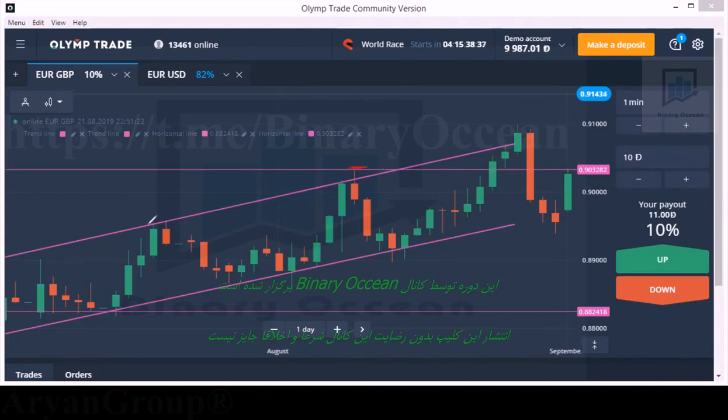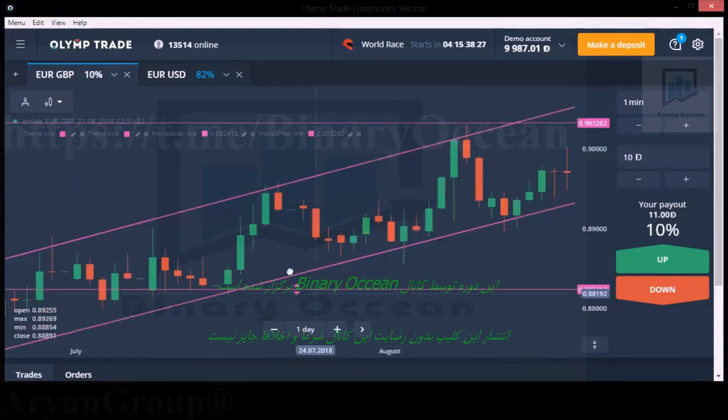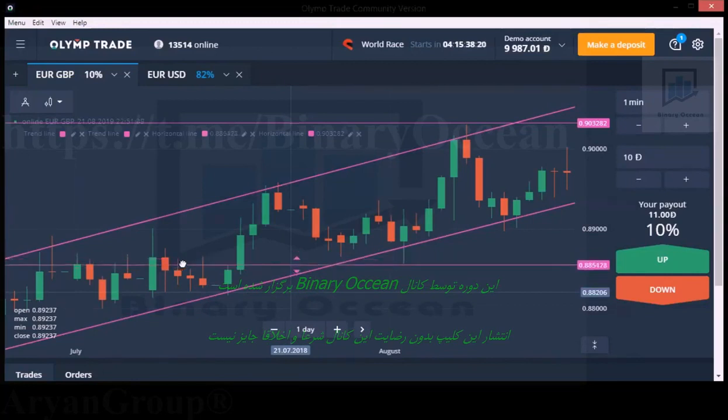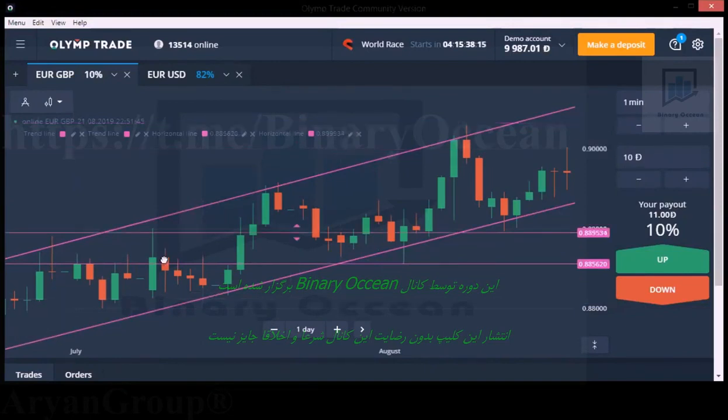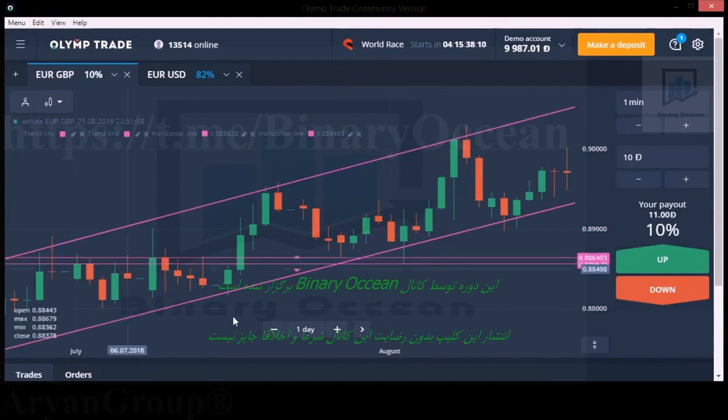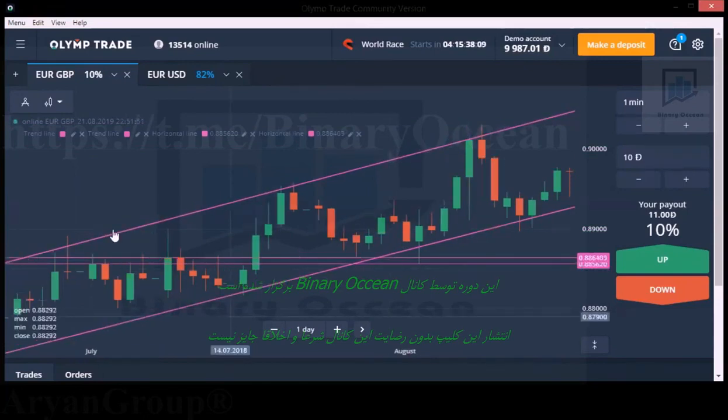And here also, if you want to enter here, you need to see the previous price action here. I will show you. Okay, here there is a strong reversal point.